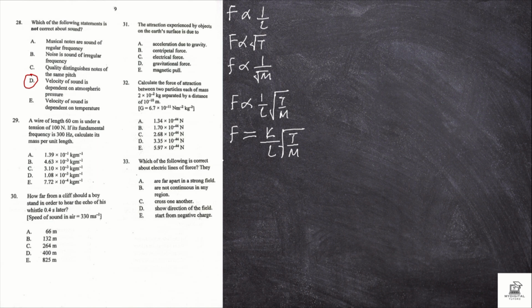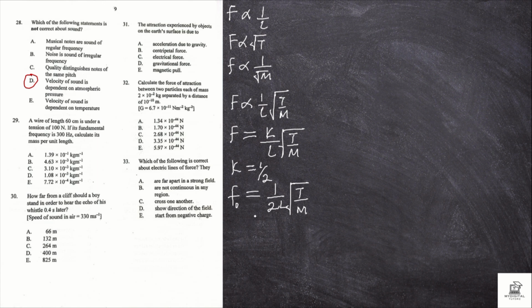For the fundamental frequency, or fundamental mode of vibration, we take K to be equal to 1 all over 2. So when you put that, the fundamental frequency f naught will be equal to 1 over 2L root of T all over mass per unit length. So this is the formula we are going to use to solve this question.